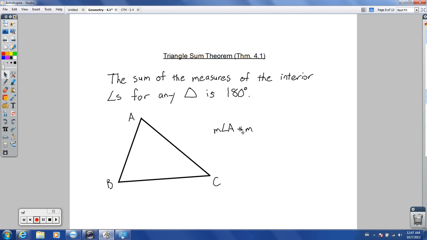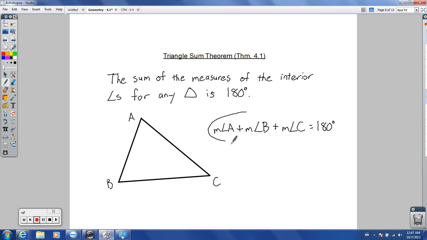I'm not very happy with that. Let me erase that little thing. That's a plus sign. It doesn't look like a plus sign the way it was. Plus, there we go, that's better. Measure of A plus measure of B plus the measure of C equals 180.